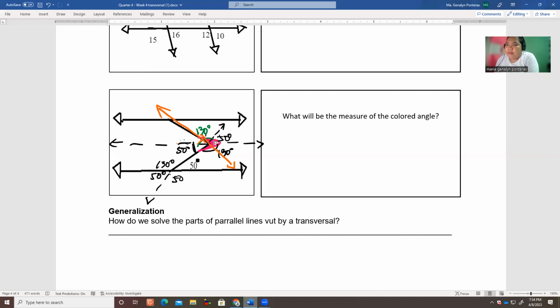What do you think? 150. I think we can have 130 minus 50. I think we can use that, 130 minus 50. So that would be 180, right?